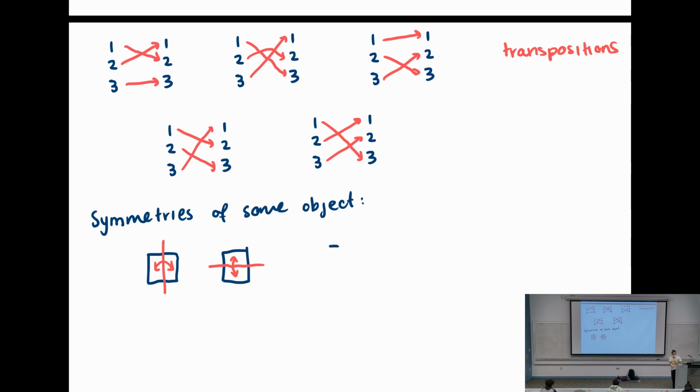And then we could also rotate it in a number of ways. You could rotate it 90 degrees, 180 degrees, and so on. So all of these different operations that you can do to the square that just get you back a square, those are the symmetries of a square, and that gives you a group as well. And the identity element would be just leaving the square alone, so doing nothing.